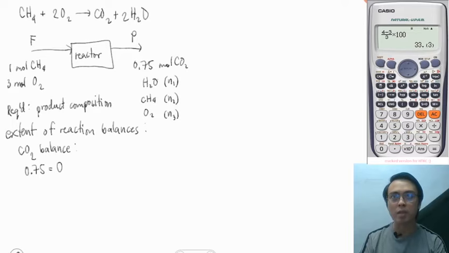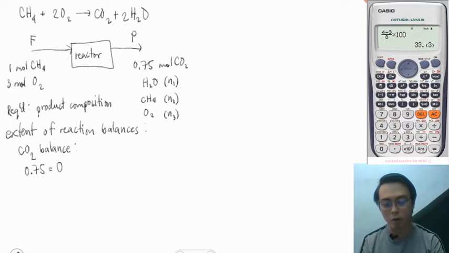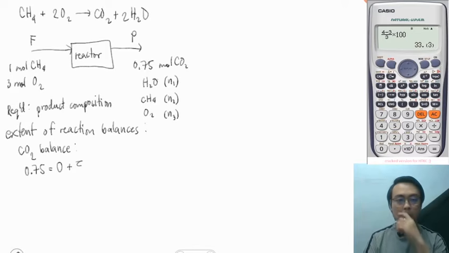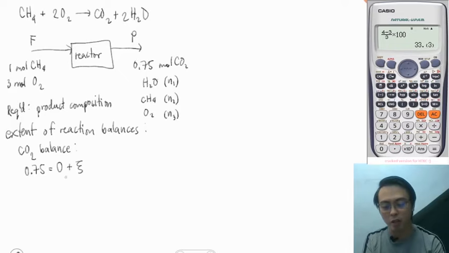CO2 is a product, therefore we use plus. The coefficient is 1, so we just have plus 1 times extent, or plus extent. Since we already know the product value and the feed value for carbon dioxide, we can directly solve for the extent of reaction, which is 0.75 moles.